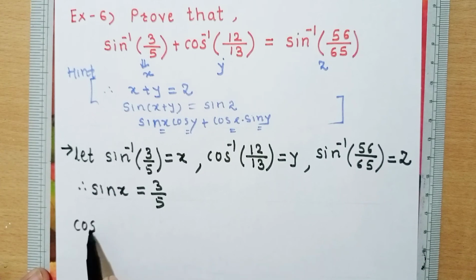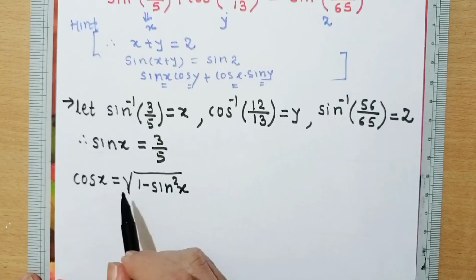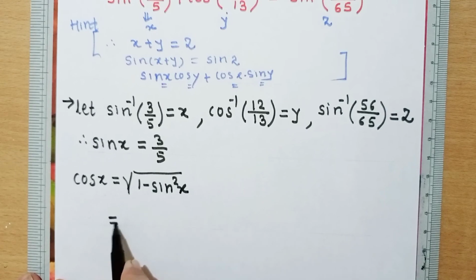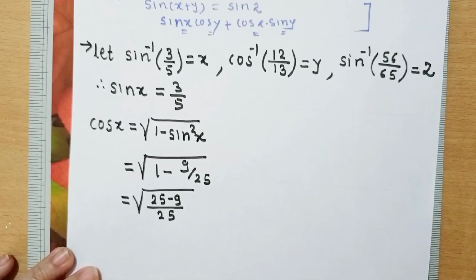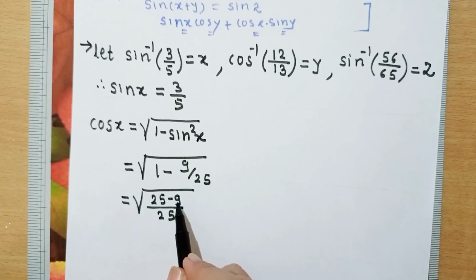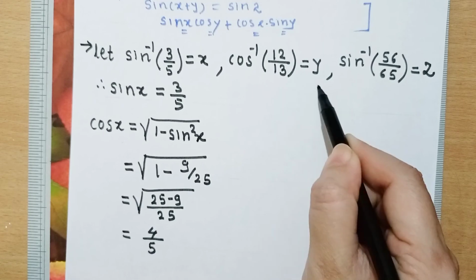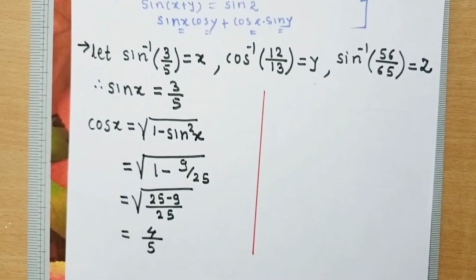So we know that cos of x equal to under root 1 minus sin square x, and that is equal to root 1 minus, now square of this is 9 upon 25, and again this is equal to, by making denominator same, and 25 minus 9 is 16, and square root of 16 is 4, and square root of 25 is 5. So by the same way, now we will find out value of this function.